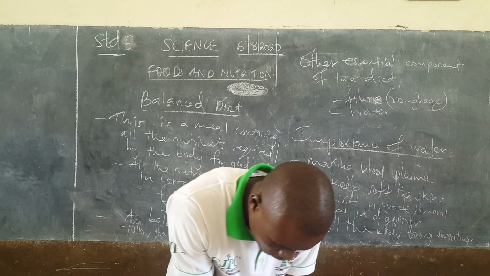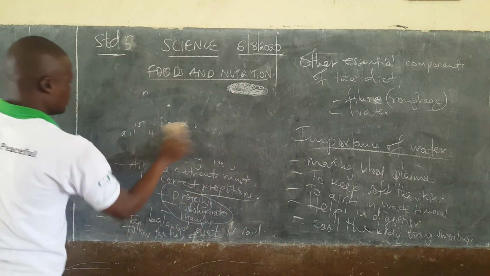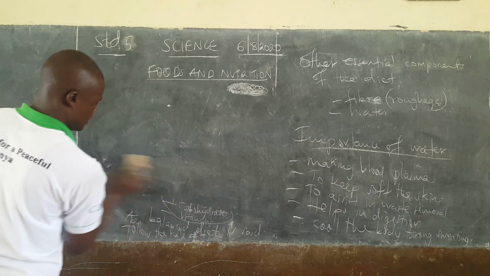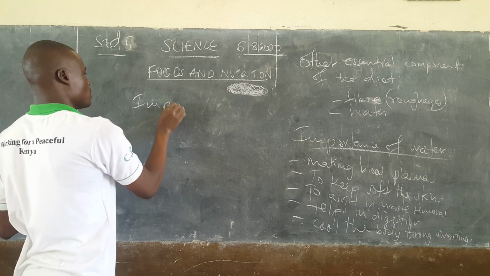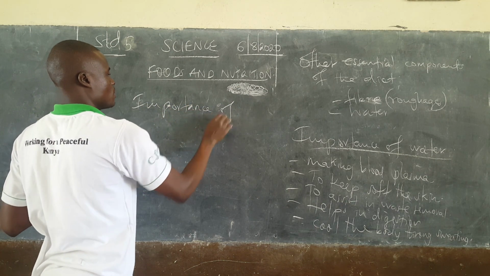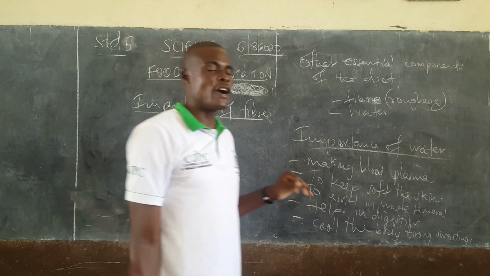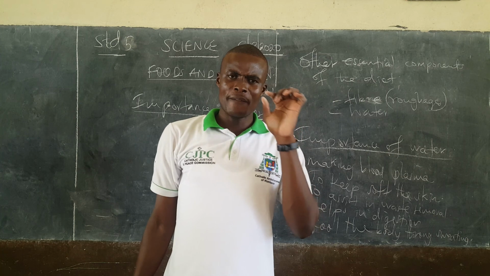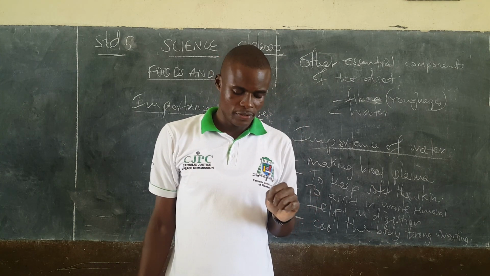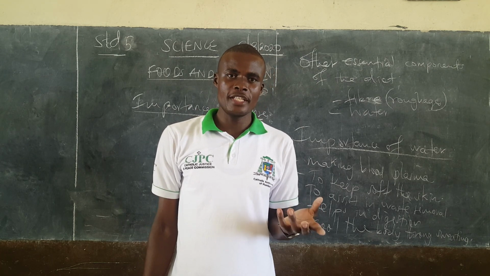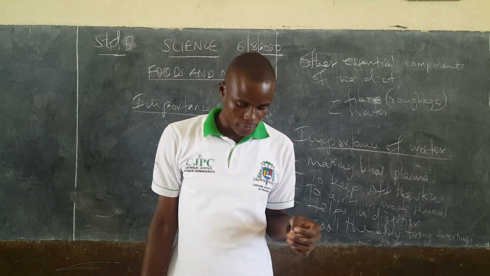So we're going to the importance of fiber in a diet, just to crown this lesson, to end it. Importance of fiber in our body. We mentioned today that fiber are those thread-like structures that we get in vegetables and fruits, like in oranges, in mangoes, and in vegetables.